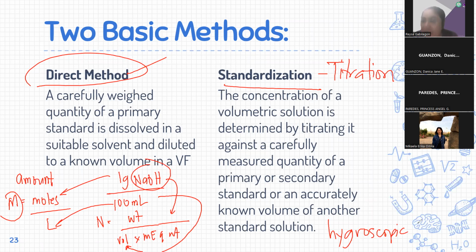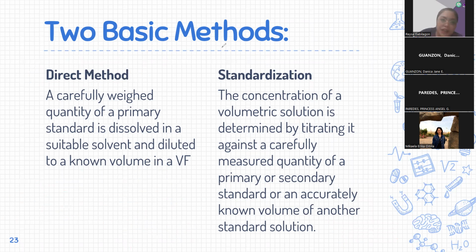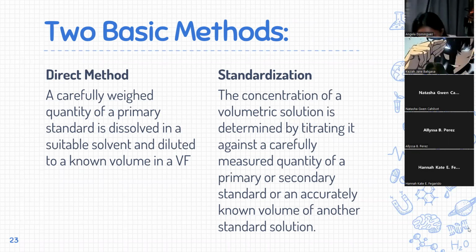Just like we did with our hydrochloric acid, we used a secondary standard there, because we already know the concentration of sodium hydroxide, and we use that to determine the concentration of our hydrochloric acid. You have questions before we proceed? Or clarifications? Let me just drink water. Is there anything you did not understand? None?